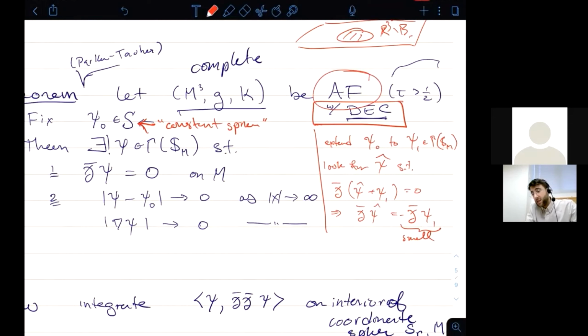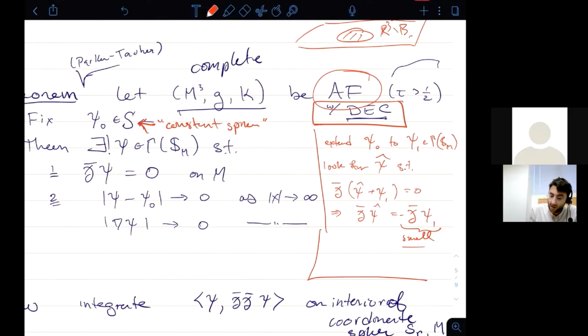And since the constant spinor at infinity is harmonic with respect to this operator on flat space, it's trivially harmonic with respect to the Dirac operator on R3 from the standard metric. Everything's a perturbation of that, so you should expect this to be small. It will be small, depending on how fast the manifold converges to flat space. So this thing goes to 0 very quickly.